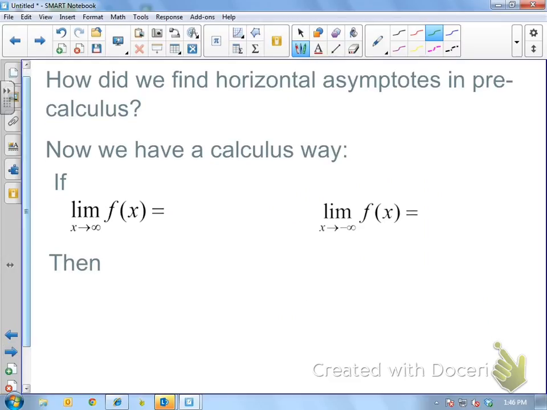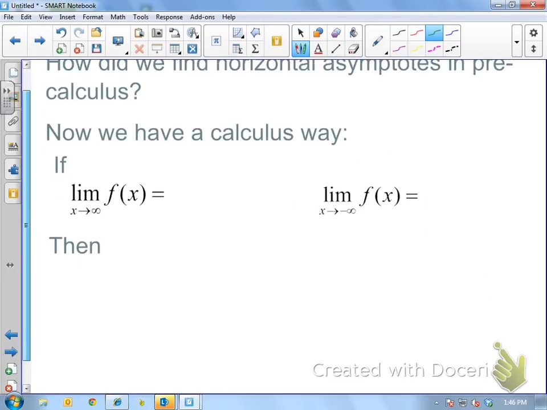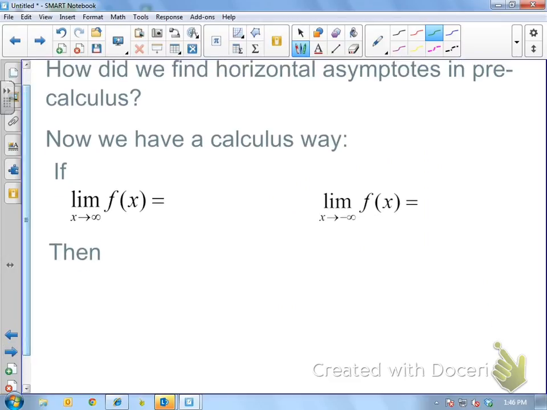So once again, that's more a question that I just didn't want to forget to ask. But let's talk about the calculus way first, and then we'll actually talk about the pre-calculus way. So, calculus way of horizontal asymptotes.